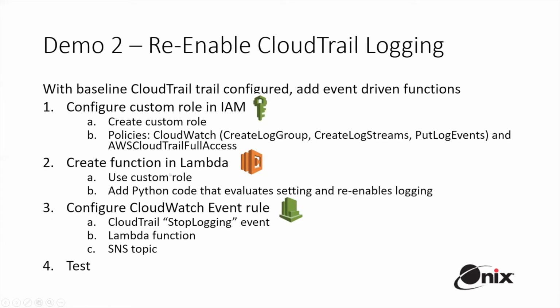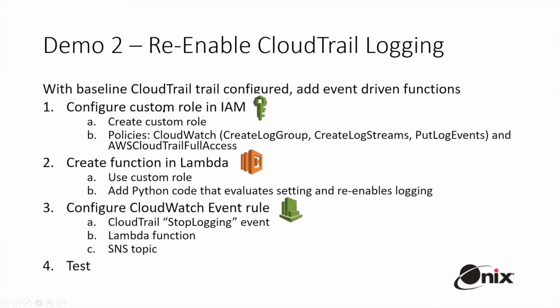And then I've already built out the function in Lambda, and it's going to use the custom role that we created here. And then we're going to create a CloudWatch event rule that is going to look for a stop logging event in CloudTrail. And then it's going to run the Lambda function, and maybe we'll get an SMS email for that one. So those are the steps here.